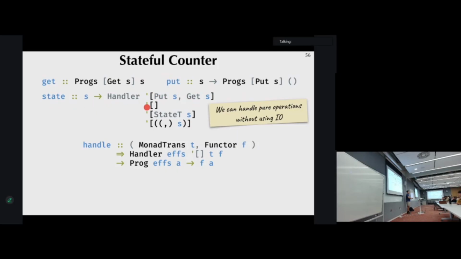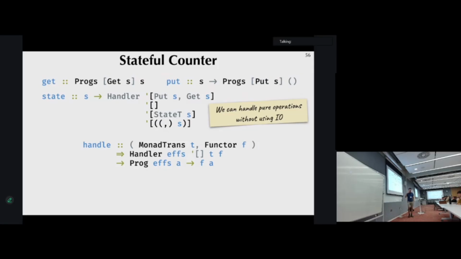I don't add anything to the tree, but I will interact with the ambient context of effects by adding states to it, and I will also give you the final state out. So you can kind of guess what state does. It thinks of put as putting to that state and get as retrieving from that state. There's no guarantee of that, but that's what we do.